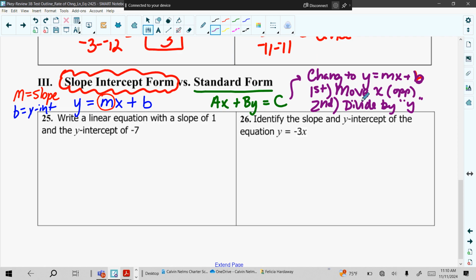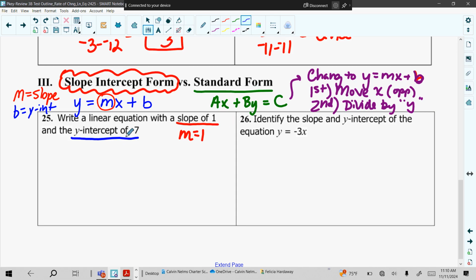The first one is just really, can we find the parts to write the equation? Or if they give us the equation, can we pull out the parts? So 25 says, write a linear equation with a slope of 1 and a y-intercept of -7. That means the m is going to equal what? 1.